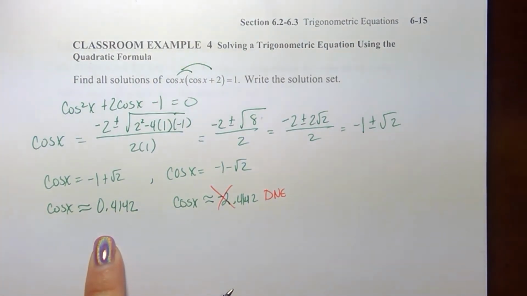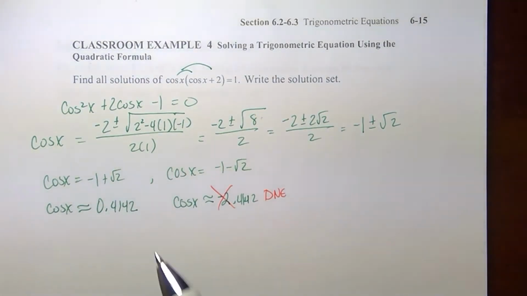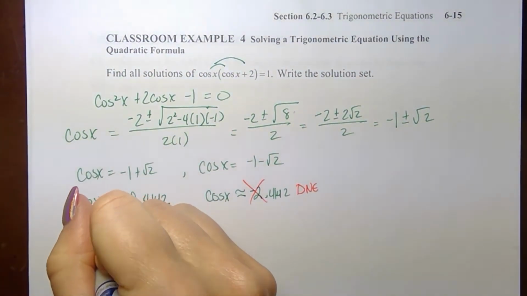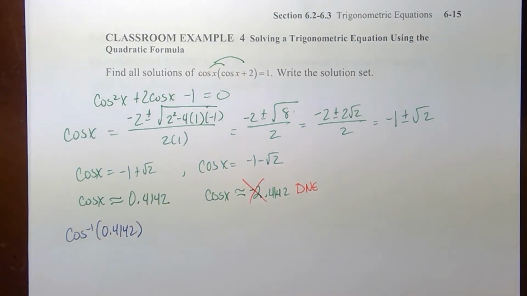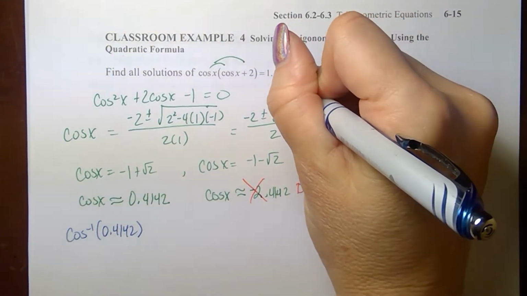I only have to be concerned about this. So next step, I plug in cosine inverse of 0.4142, and I consider whether or not I need to be in degrees or radians. We're doing radians here. And I'm doing all solutions. It just says write the solution set.